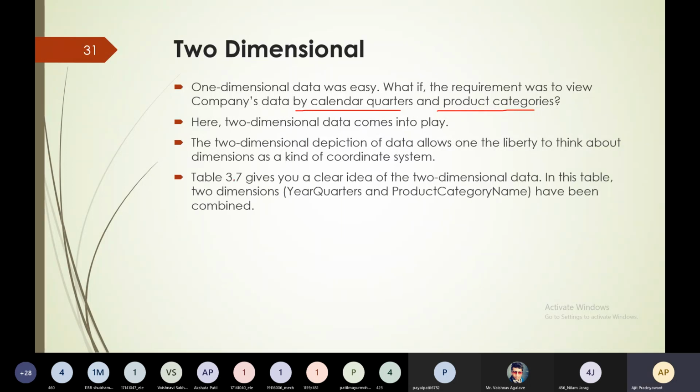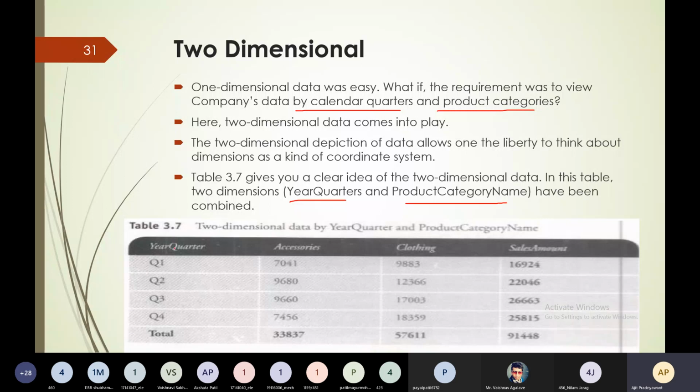So this table gives you a clear idea of two-dimensional data. In this table, two dimensions, year quarter and product category name, have been combined. So year quarter Q1 will have these accessories and clothing and sales amount.